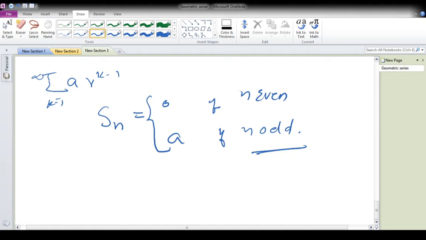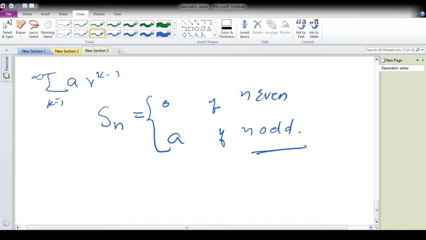So here Sn converges to 0 in the case of even n, and Sn converges to a in the case of odd n. So in the sequence of Sn, we got two limit values.